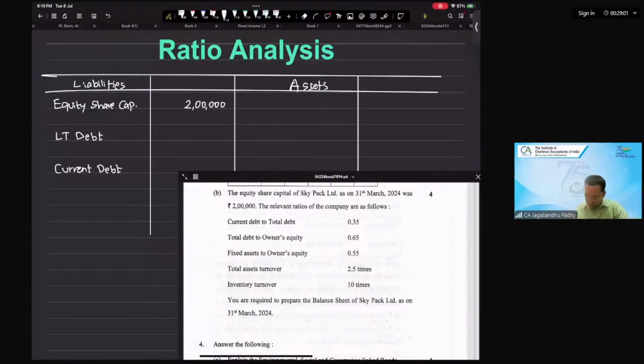Then we've got the fixed assets value. The inventory turnover is given to be 10 times, and total asset turnover is given to be 2.5 times.